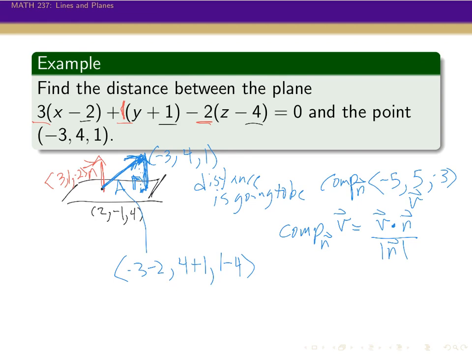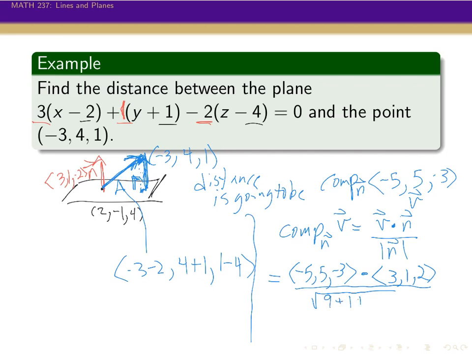So I need to dot minus 5, 5, minus 3 with 3, 1, minus 2. Divide this by the magnitude of n, which is going to be the square root of 9 plus 1 plus 4.